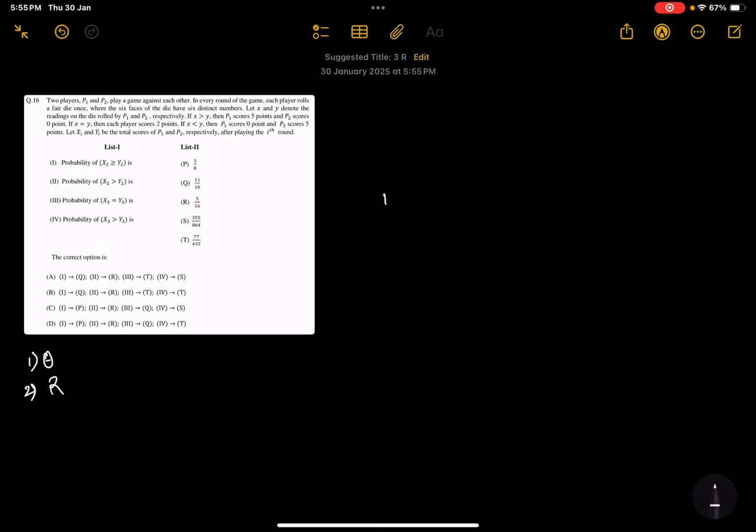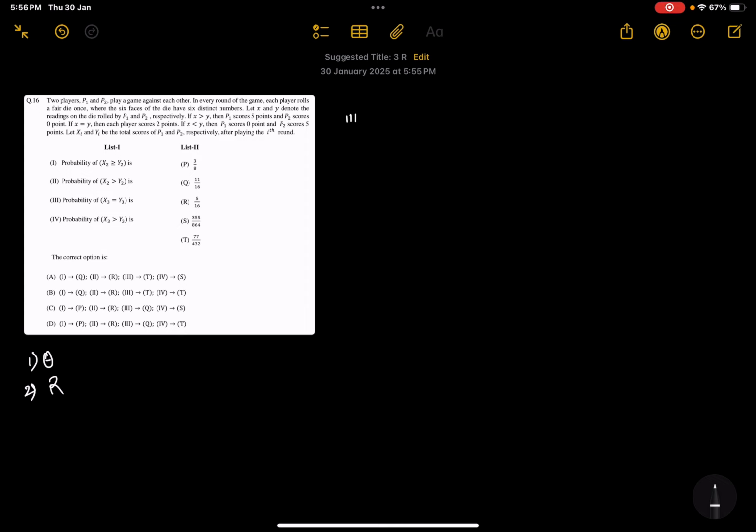Now for the third, P(X3 equals Y3) is P(X2 equals Y2) multiplied by P(x3 equals y3), plus we'll have to make cases again.